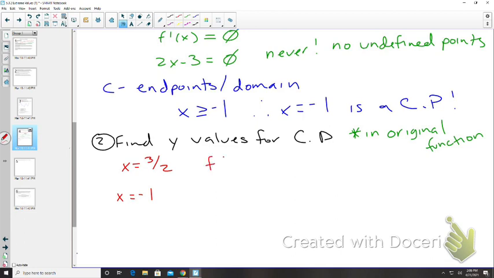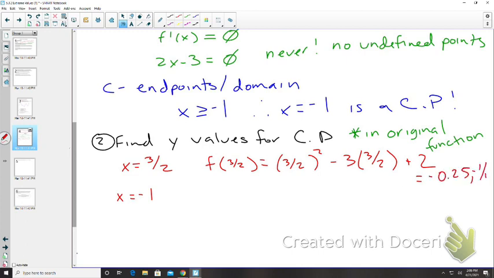So we want f of 3 over 2, which is equal to 3 over 2 squared minus 3 times 3 over 2 plus 2. Put that in your calculator. You'll get negative 0.25 or negative 1 over 4. That's differentiation right there. I know some of you like decimals, I know some of you like fractions.